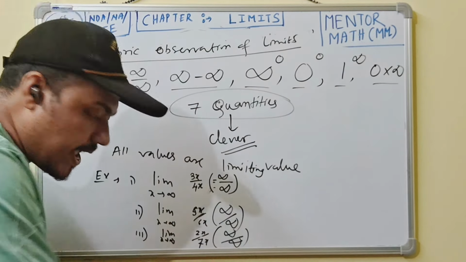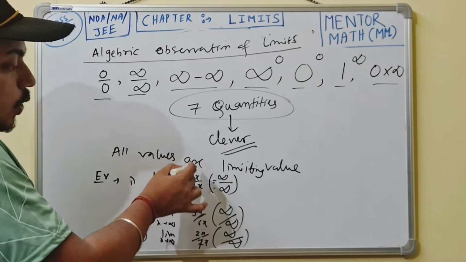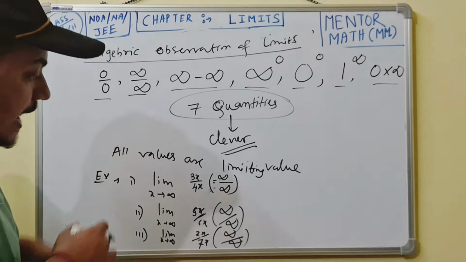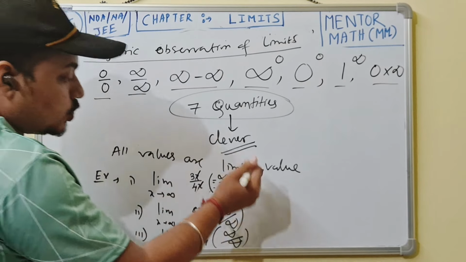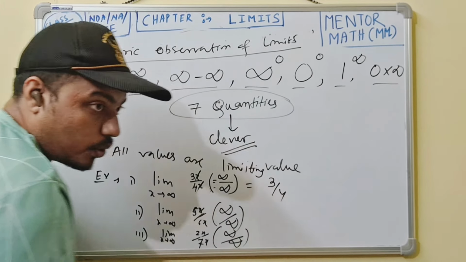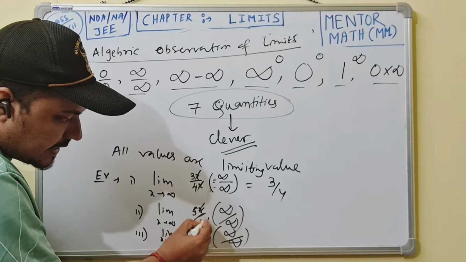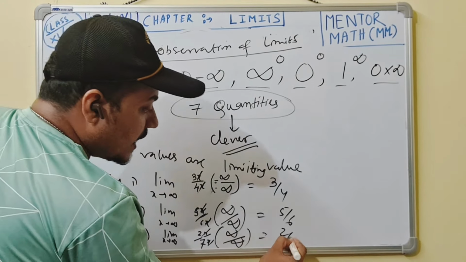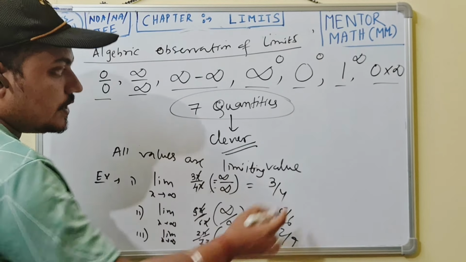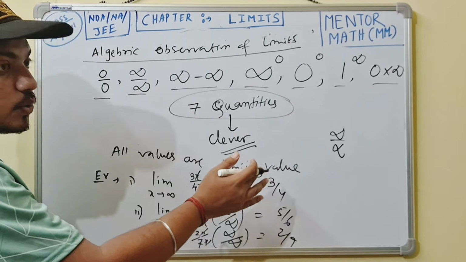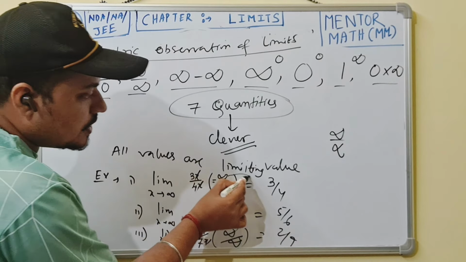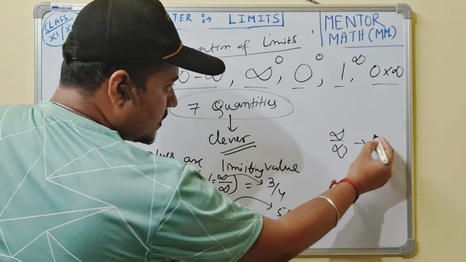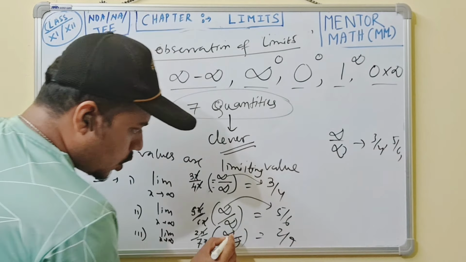Now all forms are the same, but in the first situation, 3x by 4x, if you cancel x, the actual value is 3 by 4. If you cancel xx in the second, it gives 5 by 6. If you cancel again, it gives 2 by 7. So look at this: infinity by infinity gives many values. In one situation it gives 3 by 4, in another 5 by 6, in another 2 by 7.